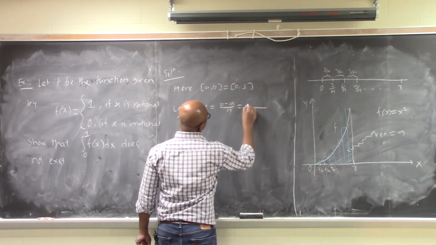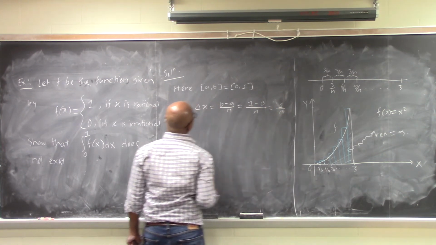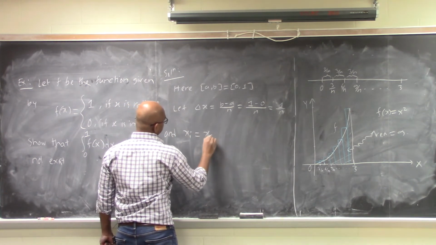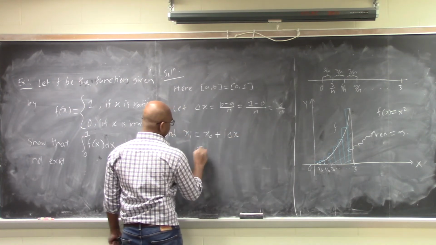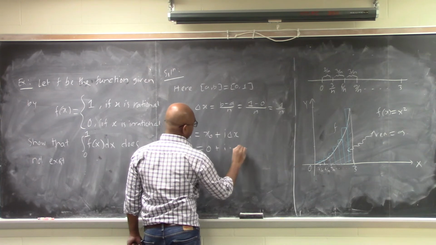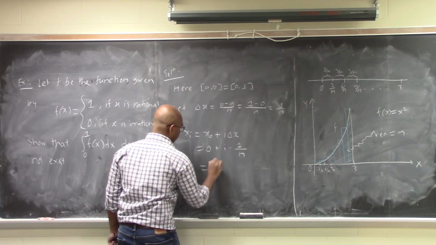That means (1 minus 0) over n, that is 1 over n. Okay, and x sub i equals x sub 0 plus i times delta x. Now x sub 0 is a, which is 0, plus i times delta x, which is 1 over n. So this guy is what? i over n.